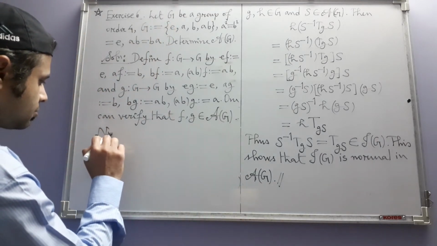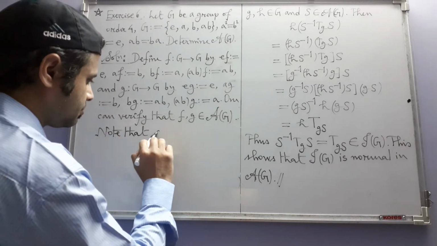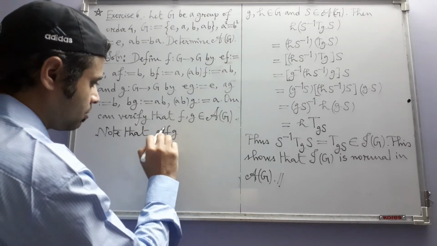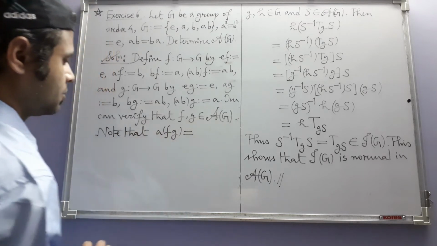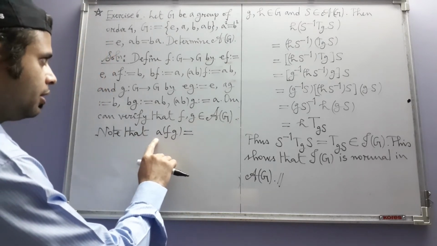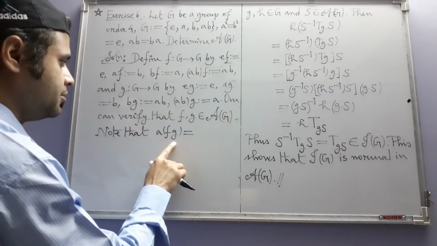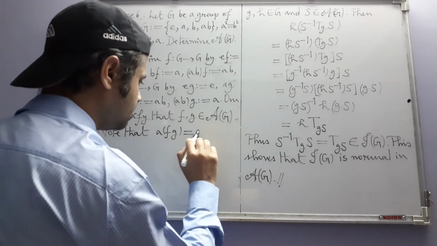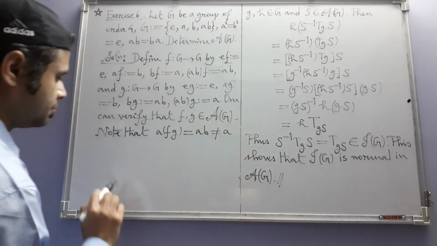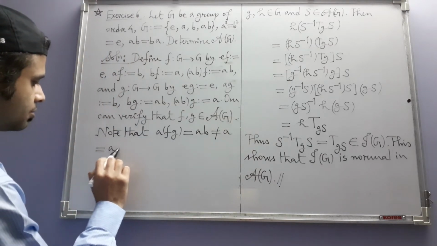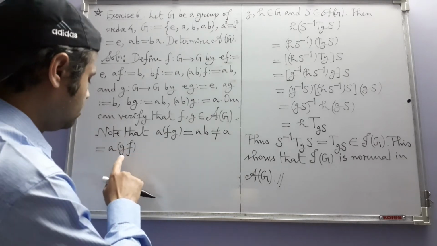Note that, what is the FG image of the element A? First, if we apply F to A, then AF is B. On that B, if you apply G, then BG is AB. And AB is not equal to A. And A turns out to be the GF image of A. Let's see.